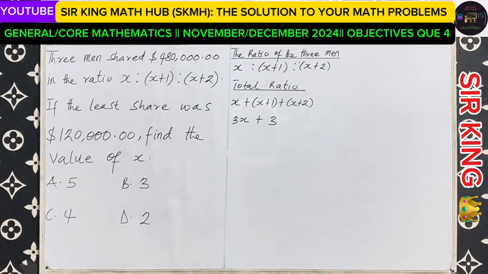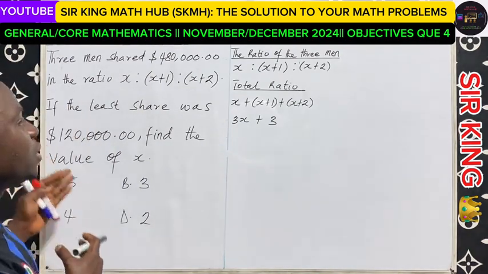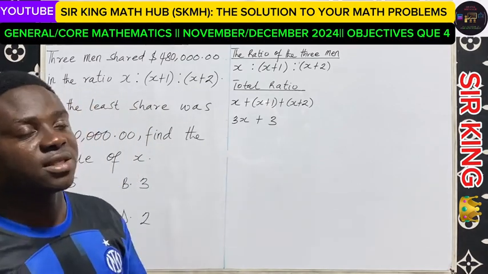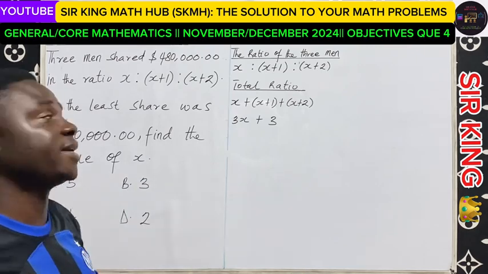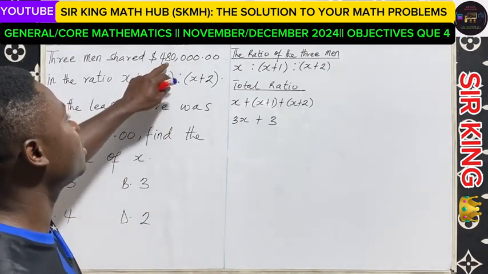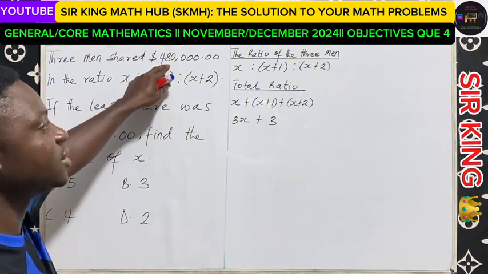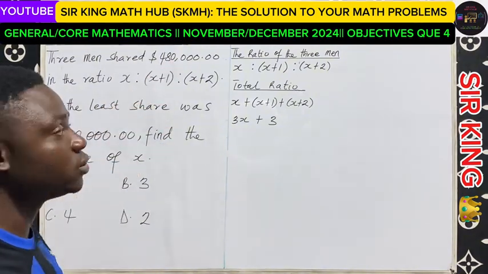Now we know that their total ratio corresponds to the total amount shared. The total amount shared among the 3 men was $480,000. So this total amount must correspond to their total ratio.